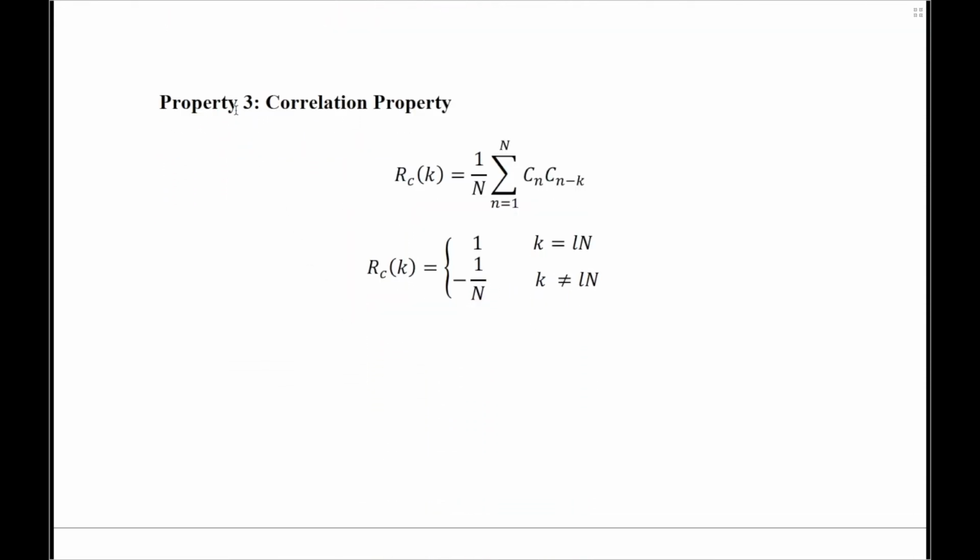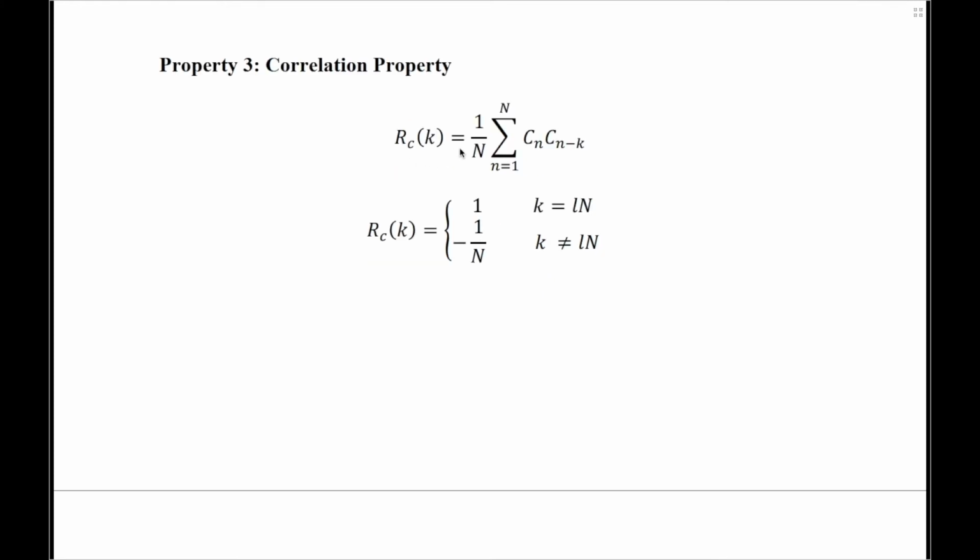Moving on to the third property, which is called the correlation property. Now, the correlation property is verified by first computing the correlation. Here, we will denote the sequence by Cn. Therefore, the correlation is denoted by Rc of k, where k is the number of shifts or the lag that is introduced into the sequence. So, Rc of k is equal to 1 divided by N, where capital N is the length of the P-n sequence.